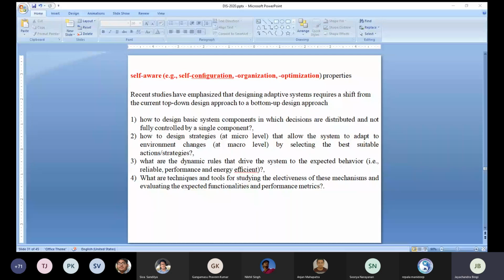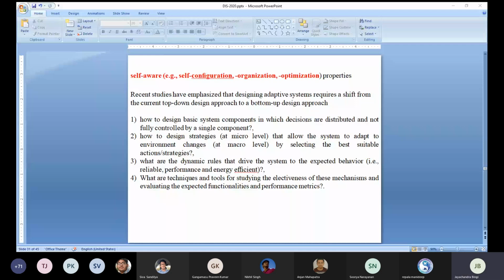What are the 4 questions? First, how to design basic system components in which decisions are distributed and not fully controlled by a single component. That means you build a system that is not centrally controlled, so individual parts, that is subsystems, can also organize or configure themselves.